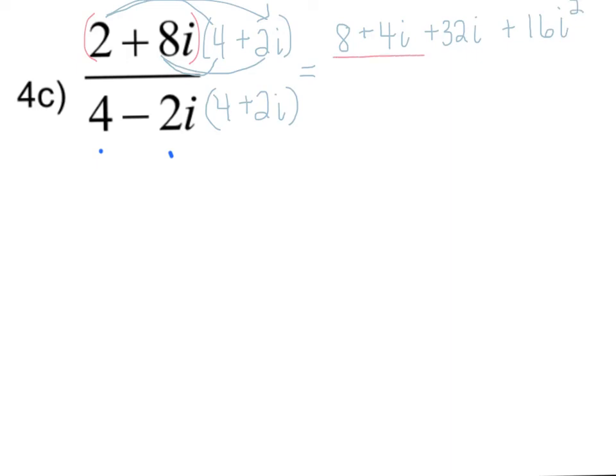On the bottom, we have 4 times 4, that's 16. 4 times 2i, that's plus 8i. Negative 2i times 4, that's negative 8i. And then negative 2i times positive 2i is negative 4i squared.